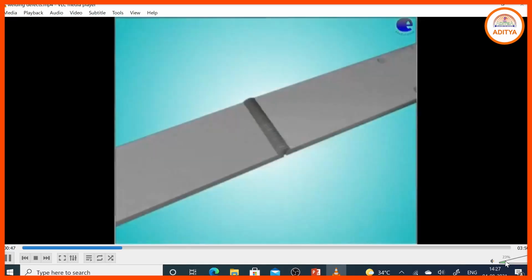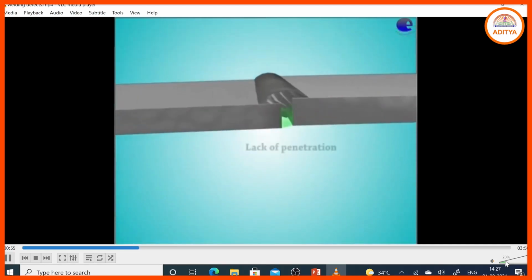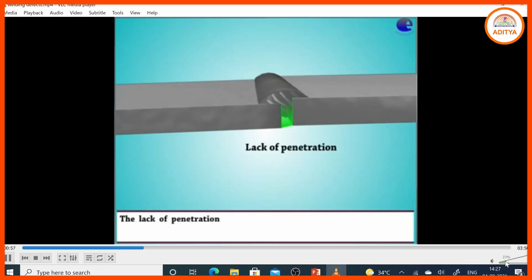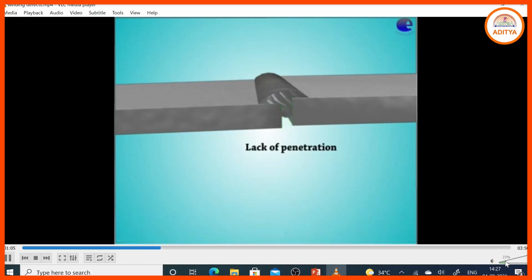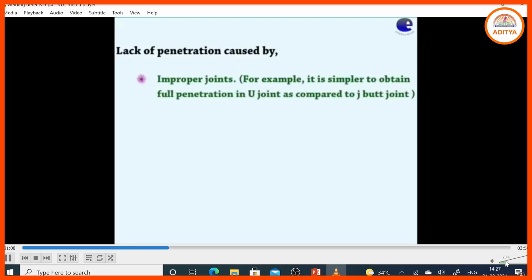Lack of penetration: this is the lack of penetration problem, where the faces do not fill up with the molten metal. What are the causes?